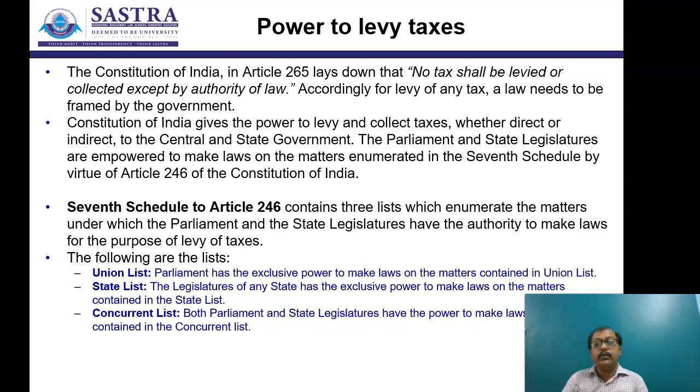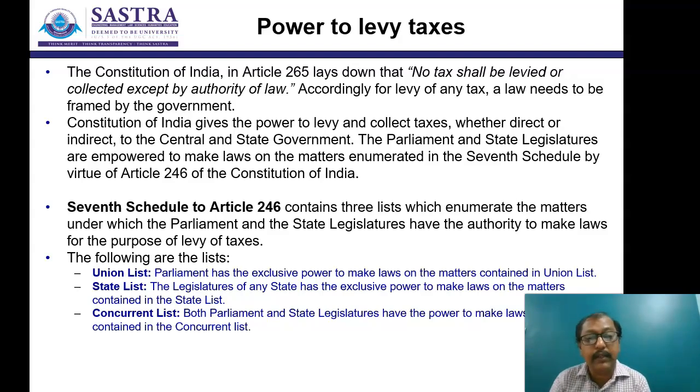And the Constitution of India gives the power to levy and collect taxes, whether directly or indirectly, to the central government or the state government, sometimes both. The Parliament and the state legislatures are empowered to make laws on the matters enumerated in the 7th Schedule by virtue of Article 246 of the Constitution of India.